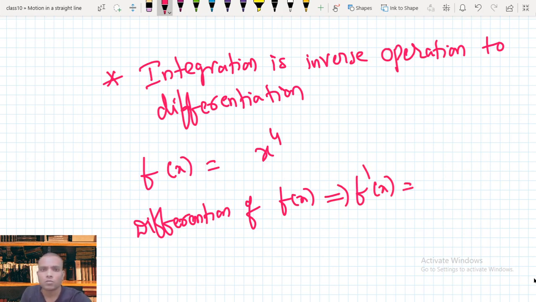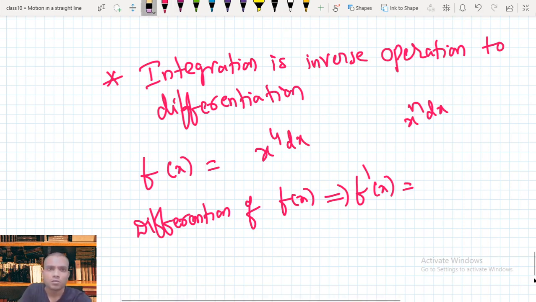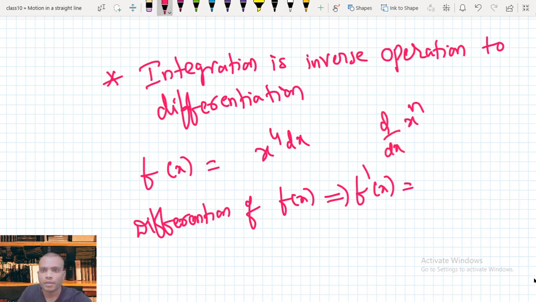So we can apply the formula d by dx of x power n, which equals n into x power n minus 1. That's the rule.